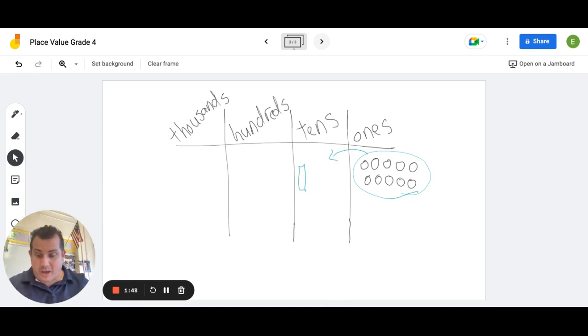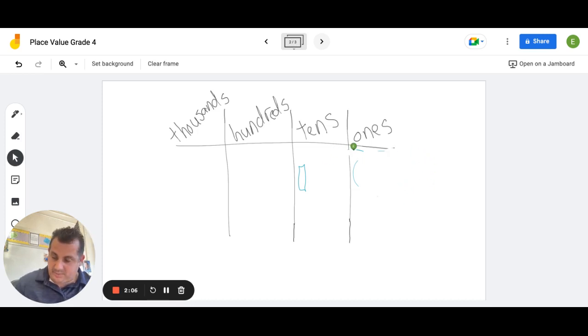Now, when you're in your tens column, how many tens can we put in our tens column? Well, I'm now going to erase that, and I'm going to go over here and say 1, 2, 3, 4, 5, 6, 7, 8, 9, 10.